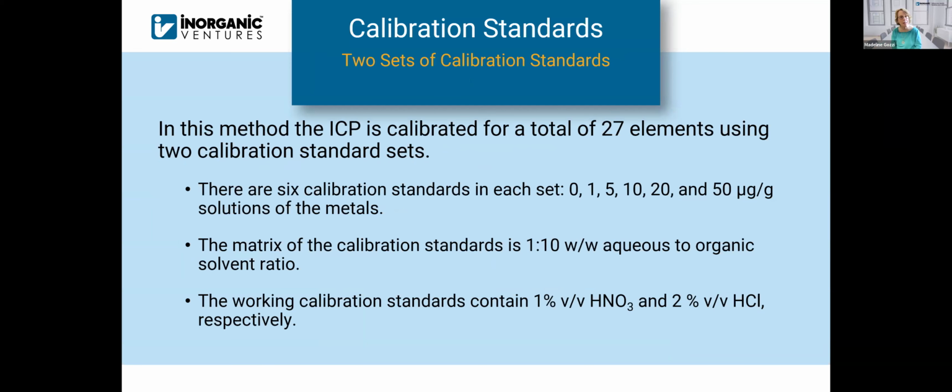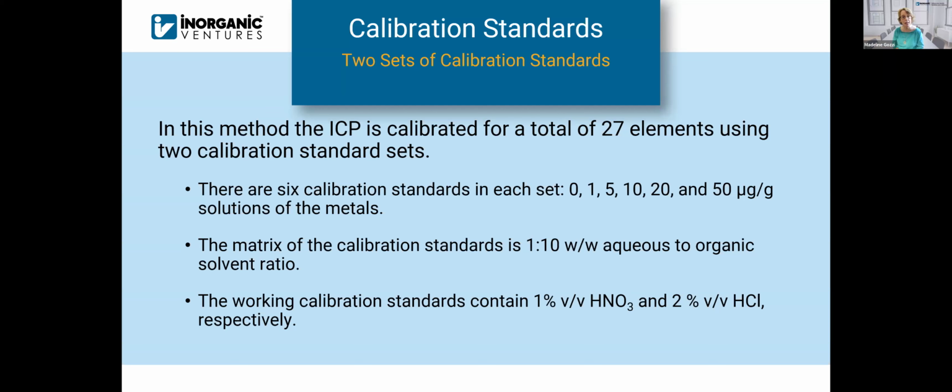So this method is calibrated to test for the total 27 elements using the 2 sets of calibration standards. We made, again, 2 sets of calibration standards. Each set has 6 standards in that set: 0 micrograms per gram, 1 microgram per gram, 5, 10, 20, and 50 ppm from the nitric aqueous standards and from the HCl standards.